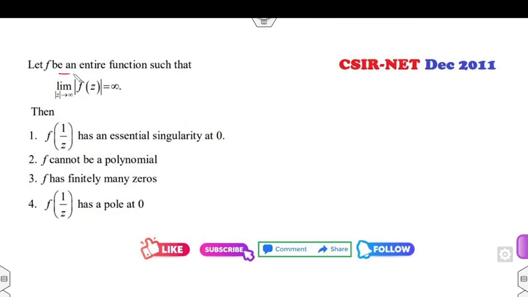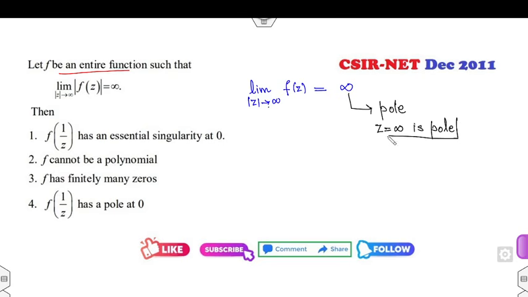Now f is my entire function and the limit as z approaches infinity of f of z is infinity. What does it mean? That means it's a pole. That means z equal to infinity is my pole, because the limit is infinity.